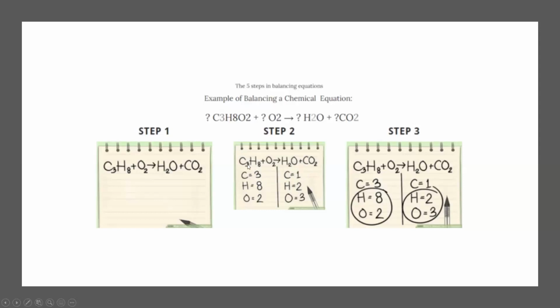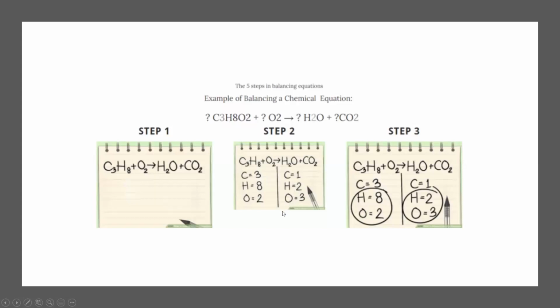For example, here you have 3 atoms of carbon, and in the products only 1. 8 hydrogens in the reactant and 2 in the products. 2 oxygen in the reactant and 3 atoms of oxygen in the products.